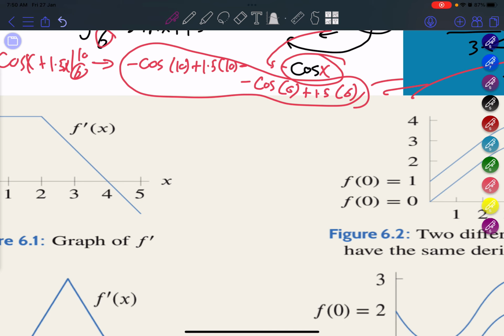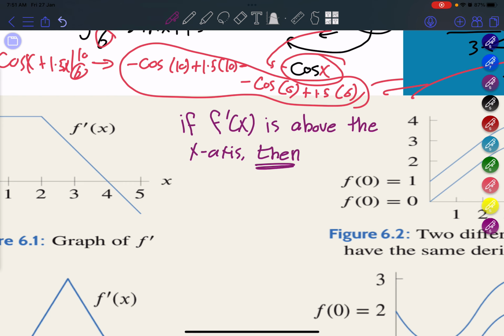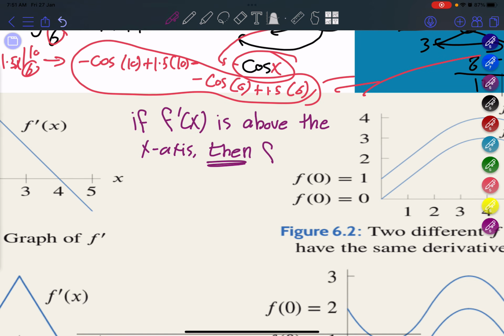Here it says, use the if-then language: if f prime of x is above the x-axis, then, this is our then, f of x, aka our original function, is increasing.